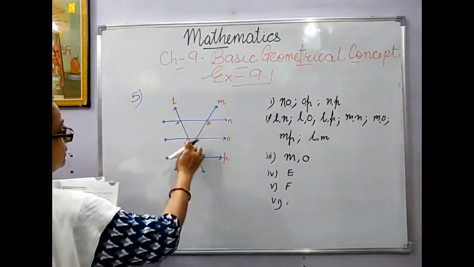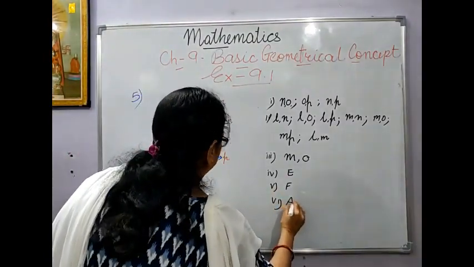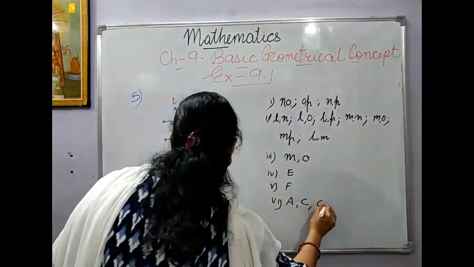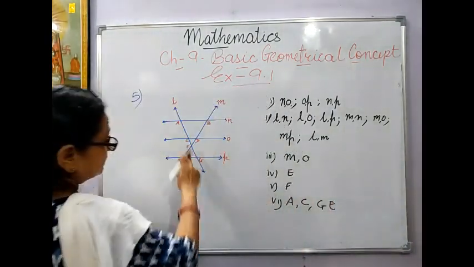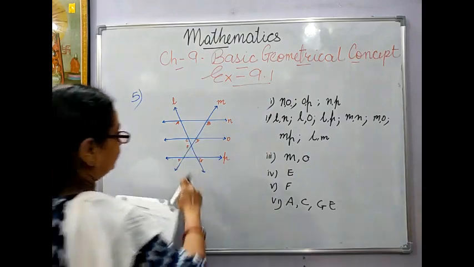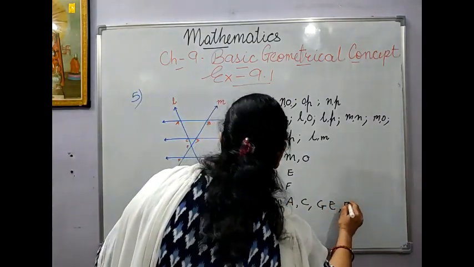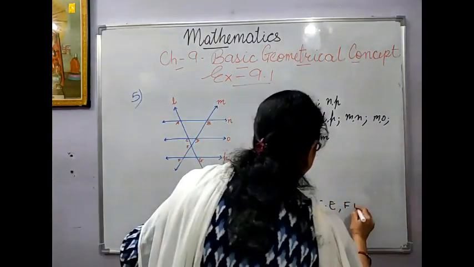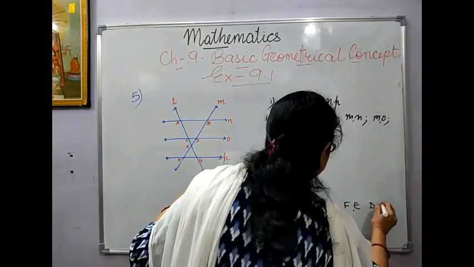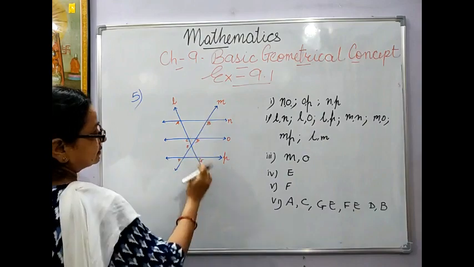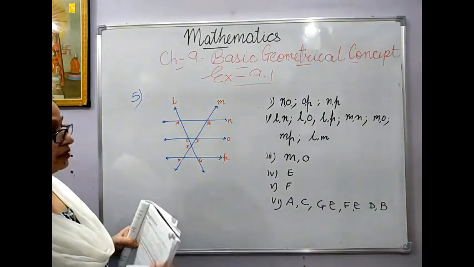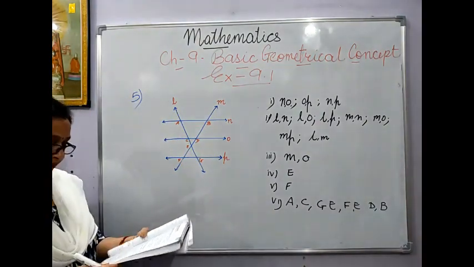We will see like this: A, C, G, E. On this line we have seen. Now we will see this line: F, E, B. 1, 2, 3 like this and this. Okay, so this is your answer.